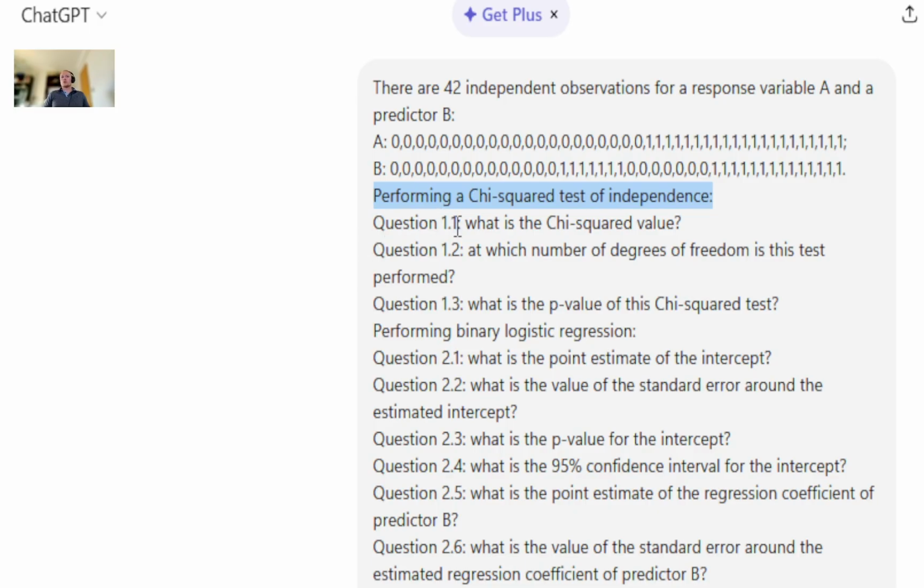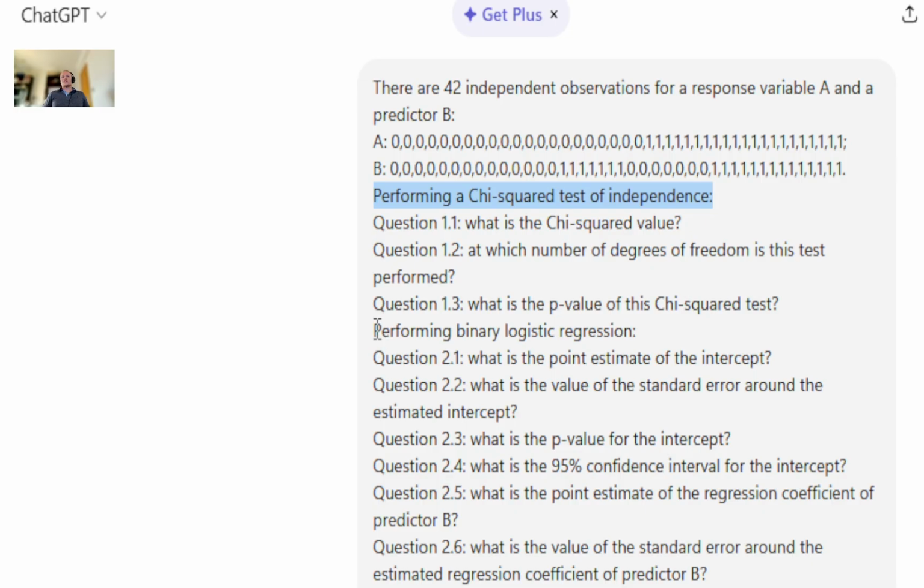The first three questions, 1.1 to 1.3, are on that chi-squared test. First of all, what's the chi-squared value? Second, at which number of degrees of freedom is this test performed? And question 1.3, what's the p-value of this chi-squared statistic?